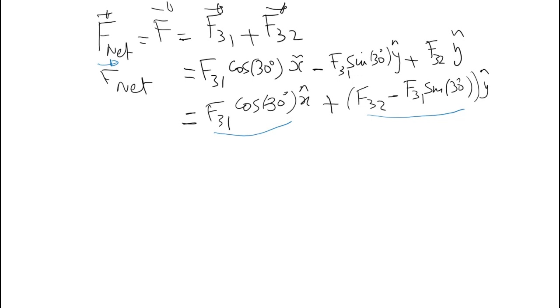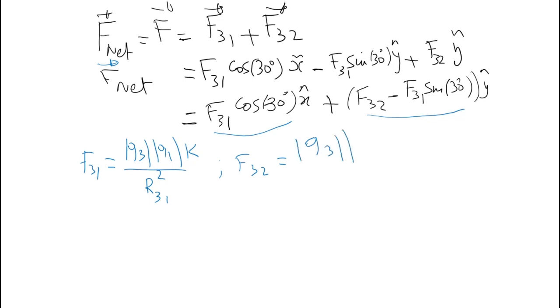Now, with the calculation, remember to find the magnitude of each vector. F31 will be the magnitude of Q3, Q1 times K over R31 squared. R31 is the distance between charges 3 and 1. The same thing for F32. It will be the absolute value of charge Q3 times the absolute value of Q2 times K divided by R32 squared.